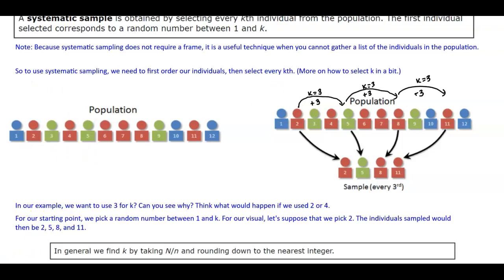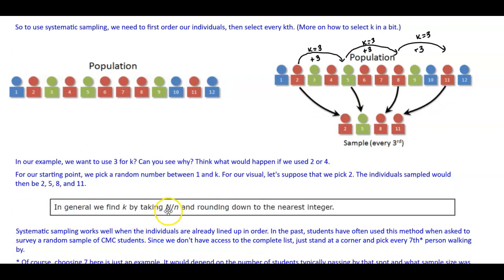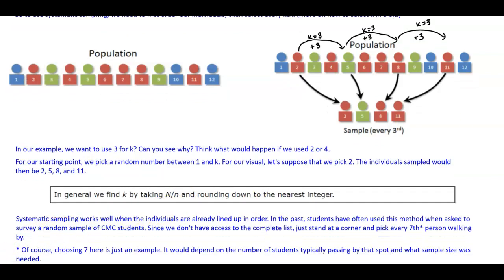So in general, we find k by taking the size of the population divided by the sample size and then rounding down to the nearest integer. Now, systematic sampling works well when the individuals are already lined up in order.